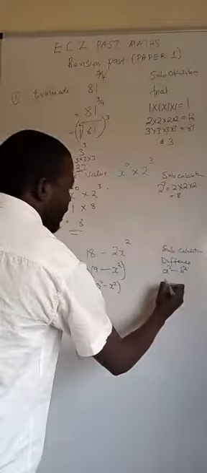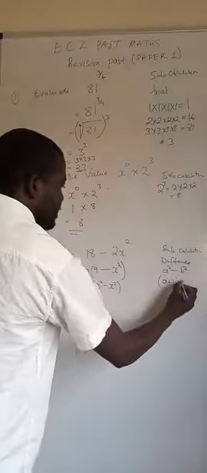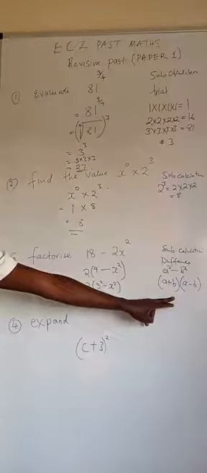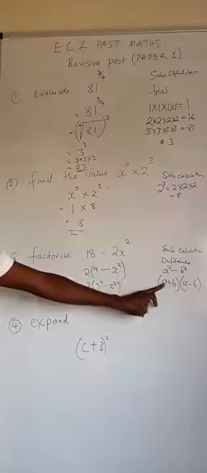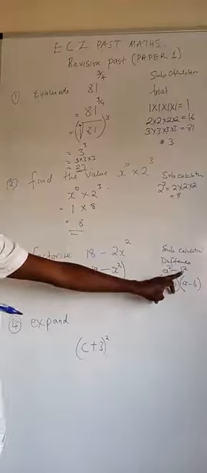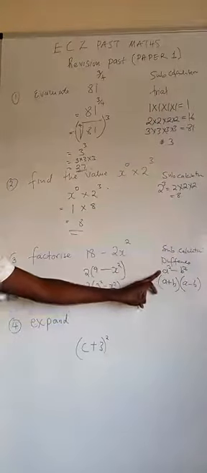You take your a plus your b, you put in brackets, then you put minus, you say a again minus b. This is how you express it as a difference of two squares. Since there are two a's, when you get one a, the other a will remain. You put plus. You get one b here, you put the b here, you close. Minus the a that remains, since there were two.